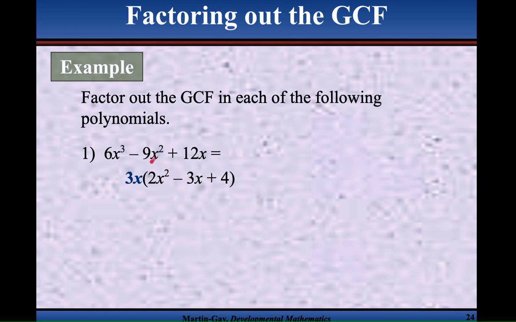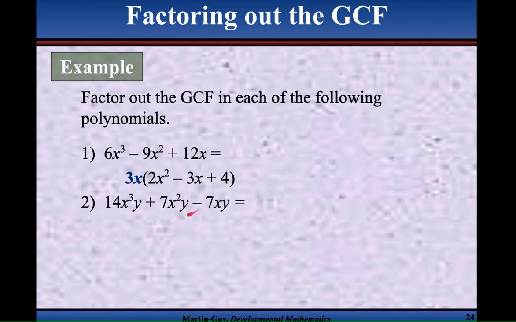I have 2 x's, and I subtract 1x, and I'm left with an x. Then I bring the plus sign over. 12 divided by 3 is 4. I have 1x, and I subtract 1x, so there are no x's there. So that's factoring out the greatest common factor, the number and the variable.